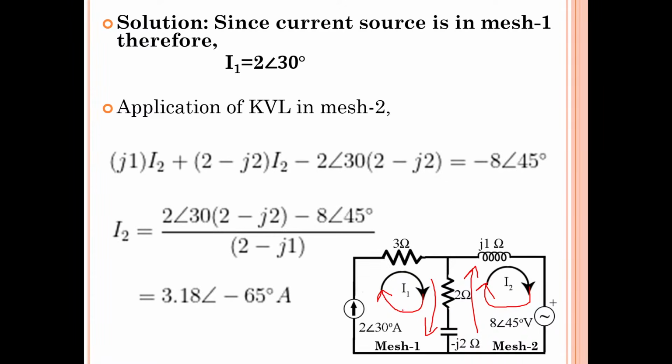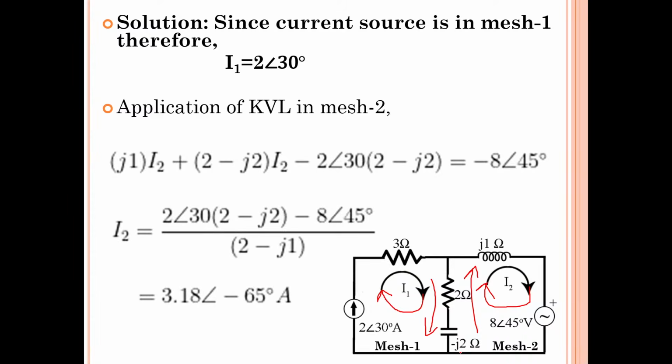I1 is downward and I2 is upward, on the left side and right side of the resistor and capacitor. Because both currents are flowing in clockwise direction, the differential current will flow through the 2 ohms resistor and capacitor.